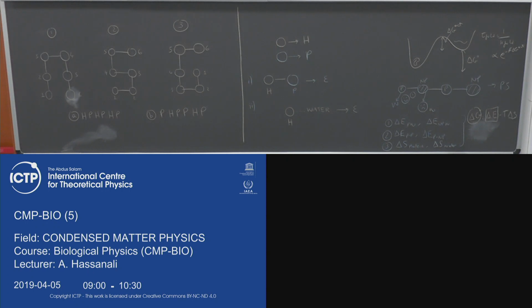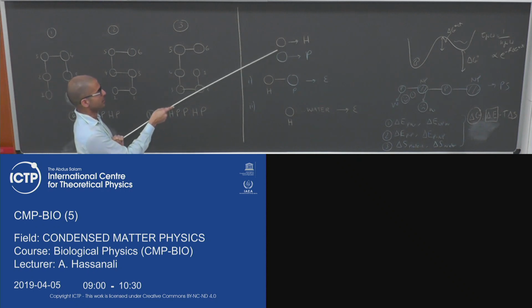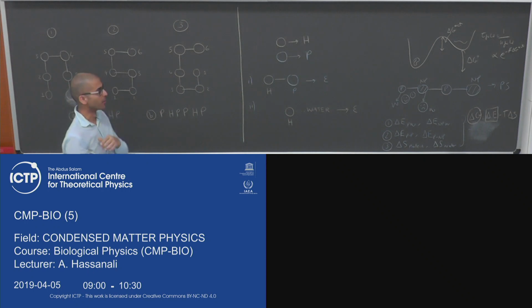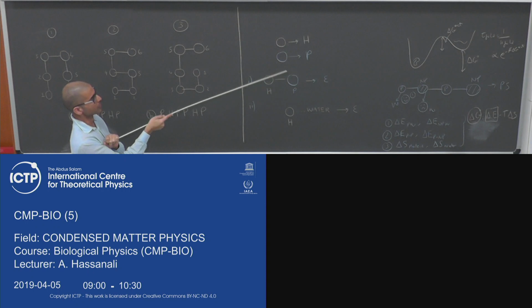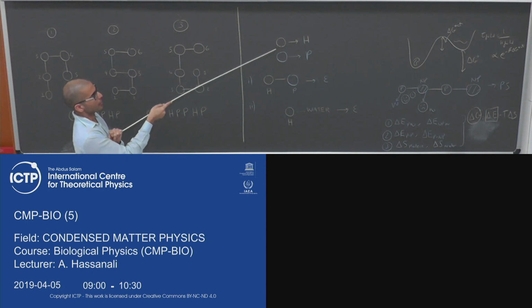I haven't told you how you're going to compute the total energy. So this is something I want you guys to try to do in class right now, and we'll also do it together.